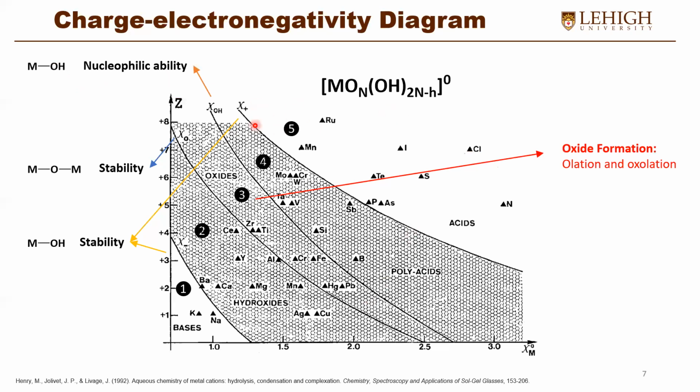If it crosses over this line, that means the hydroxyl ligand is not negative enough, so it can only be the leaving group. So we finally found the region is here, region 3, and they should happen for olation and oxolation at the same time. So this diagram can be useful to predict the final precipitation format.